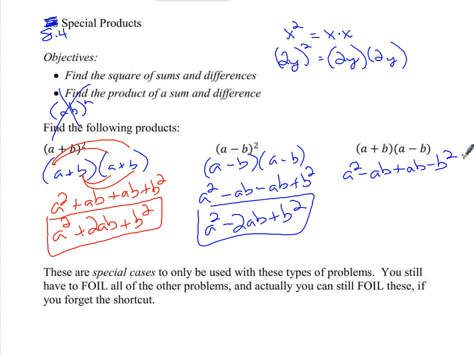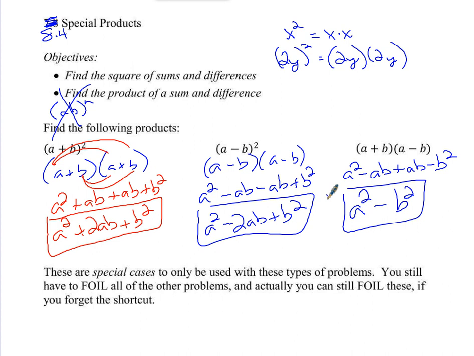So what happens here? They're gone, right? This is negative ab, this is positive ab. If I put those together, a negative 1 plus 1 is 0. I wind up with 0 ab. 0 times anything is just 0. This stuff right here in the middle goes away. What am I left with then? A squared minus b squared. That's the answer.